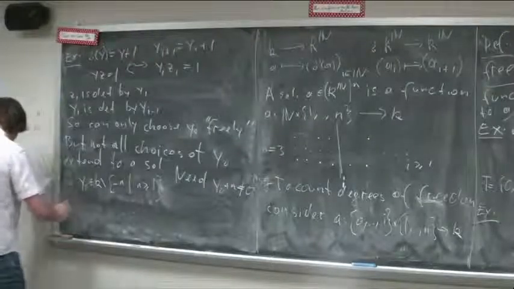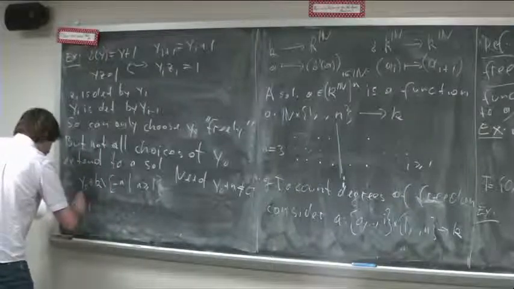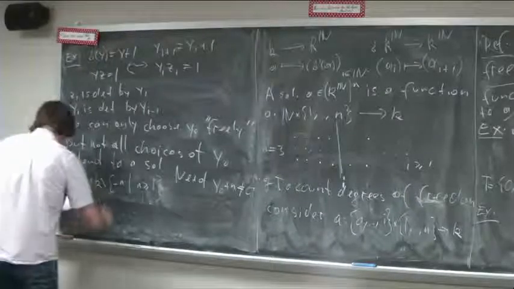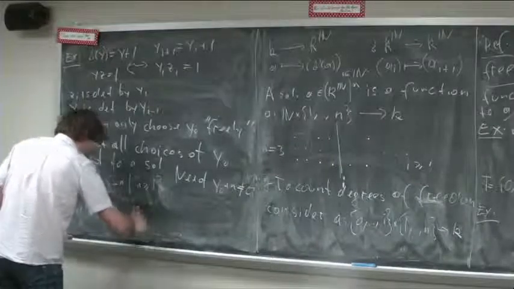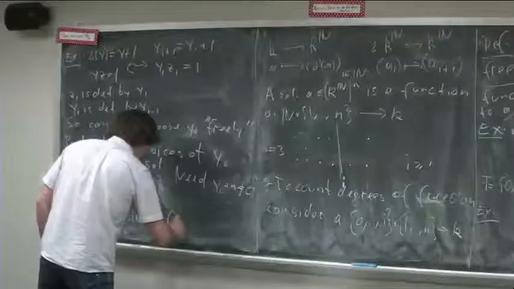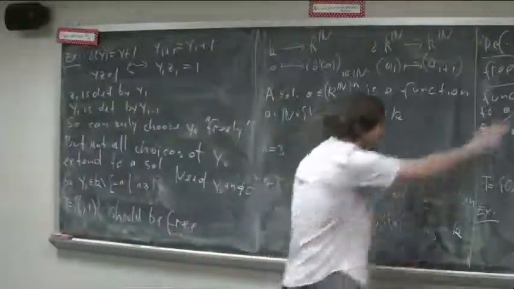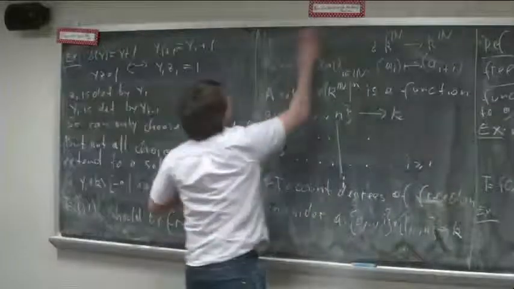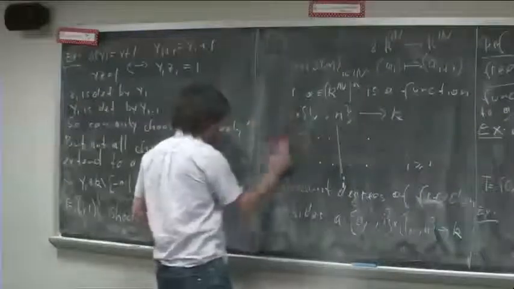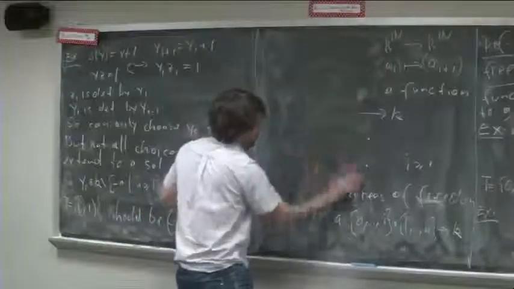So the moral here is that this set, 0, 1, should be free, but in the sense of this definition it's not free. So I'll propose a modification of this definition.